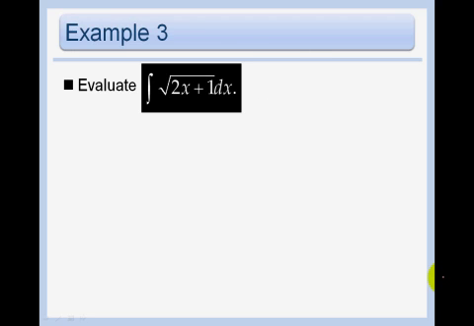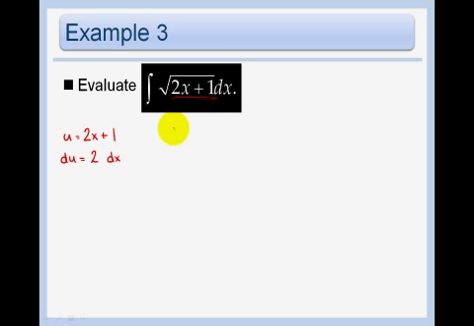What do you think the u might be? Probably what's under this root. So let's try it out. Let the u be 2x plus 1. Then our du is just 2 times dx.